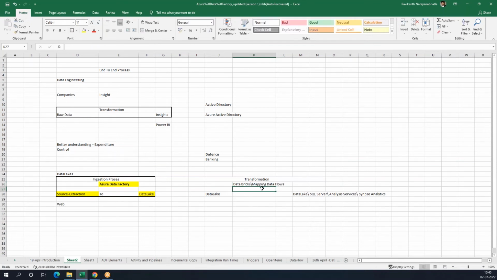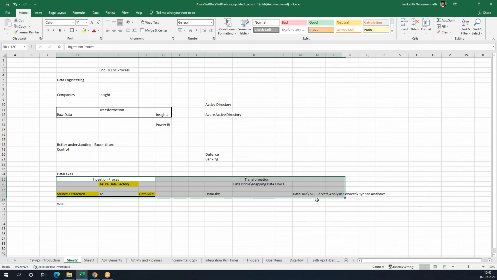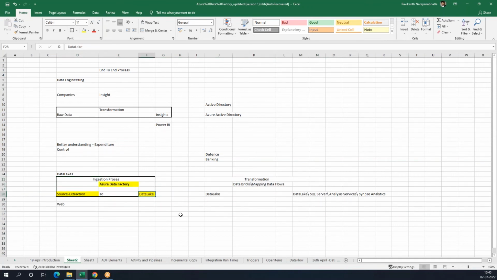In this training session we will take a scenario of this end-to-end process: right from the source to the data lake, and from the data lake pick that up, transform it using Databricks notebooks or a mapping data flow, and publish that data into a SQL Server or into a data lake for further consumption.